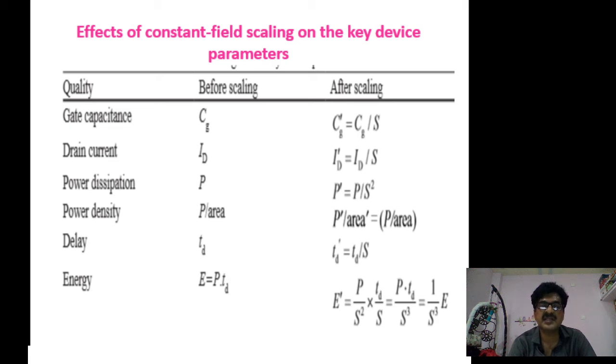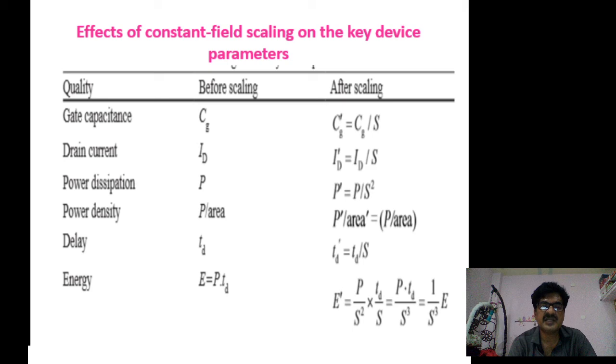With reference to all parameters, this constant field scaling gives advantages, but one drawback is that usually the system communicates with peripheral systems, and those systems may operate at a different voltage. So there can be a compatibility problem between our system and peripheral systems.